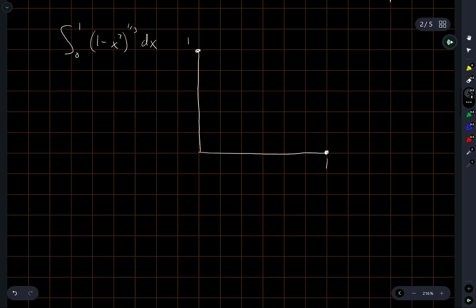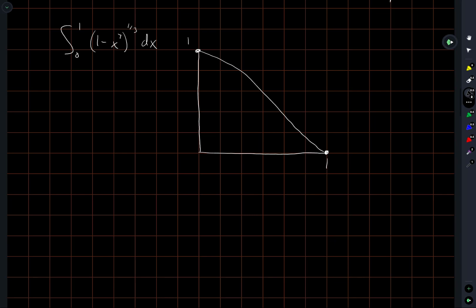So as I draw my curve as a function of x, where x goes from 0 to 1, my curve starts at this point. When I substitute x equals 0, I get 1. When I substitute x equals 1, I get 0. And I know the curve has to be decreasing through that region. So there's no minima or maxima or anything like that. I'm just going to draw some generic curve that connects these where it is decreasing.